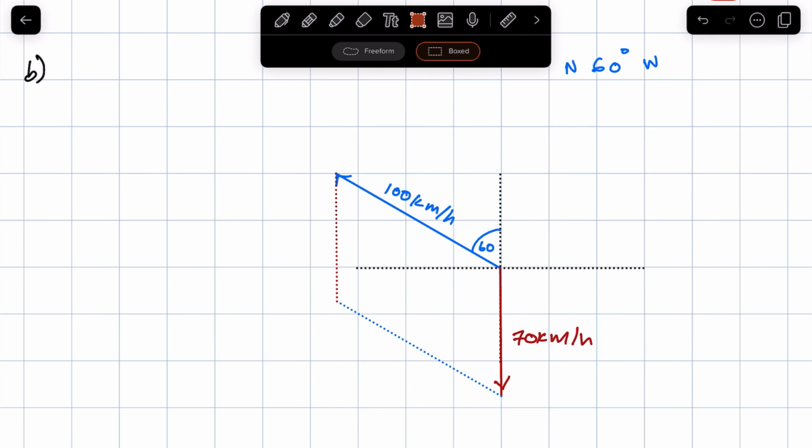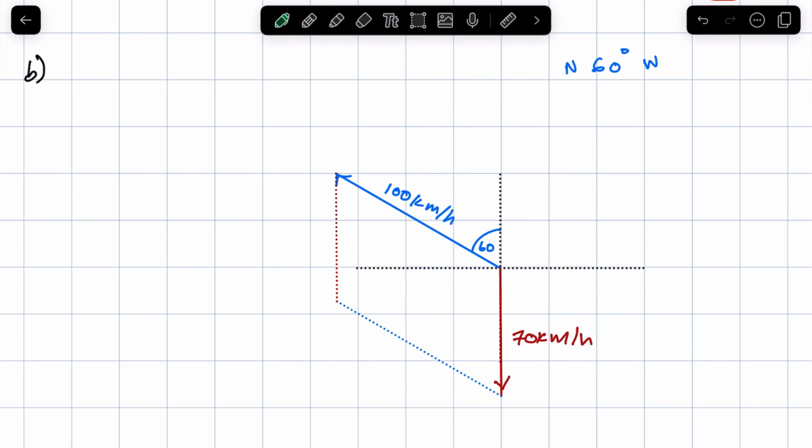And then our parallelogram is complete. So meaning the velocity of P relative to A will be in that direction.